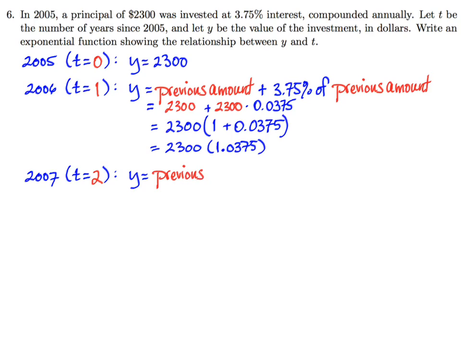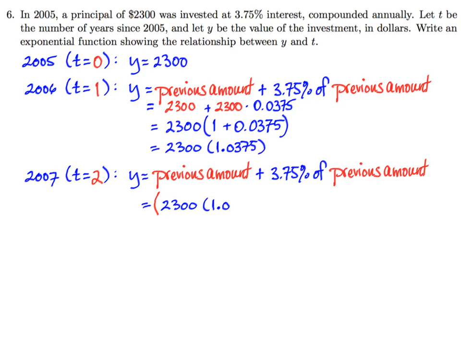So we're taking previous amount, we're adding 3.75% of that previous amount to get the year 2007 amount. So what's the previous amount? Well, that was the 2006 amount. So I'm going to write 2,300 times 1.0375, that's the previous amount, plus another 3.75% of that.